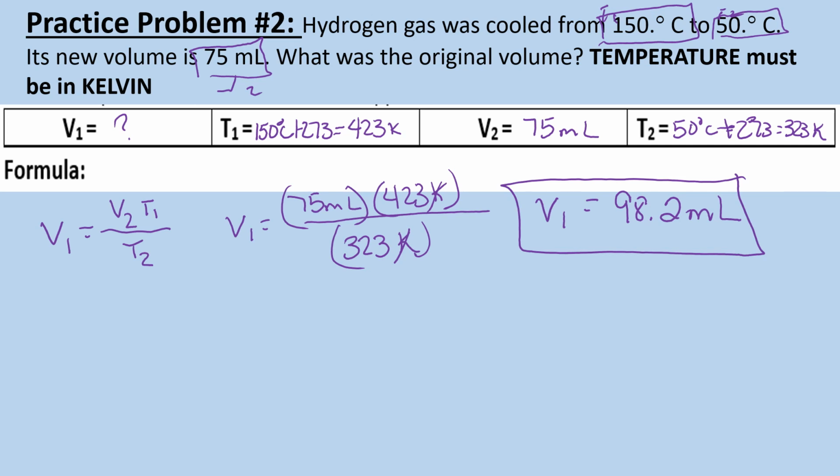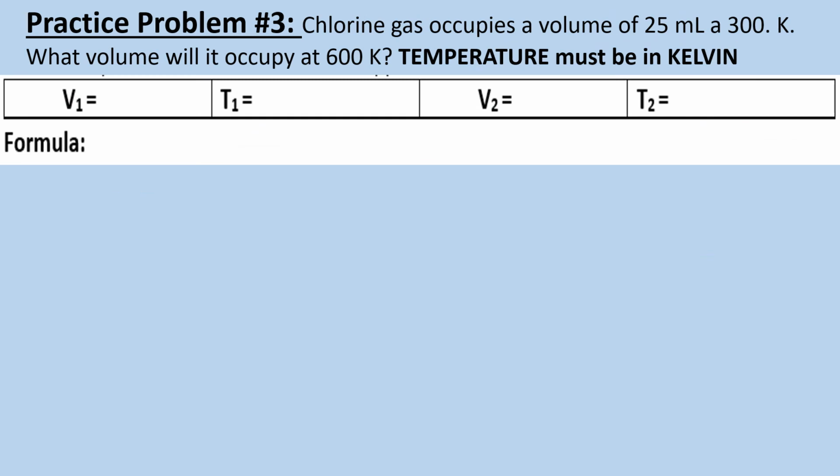Okay, and we have one more practice problem. Okay, last practice problem. A chlorine gas occupies a volume of 25 mils at 300 degrees Kelvin. So it's already in Kelvin. We do not have to convert. What volume, it wants to know V2, will it occupy at 600 Kelvin?